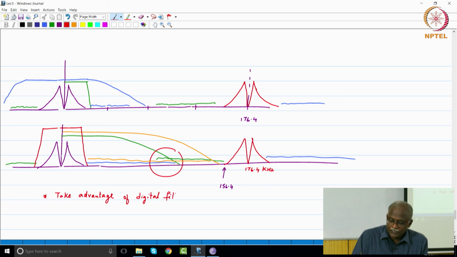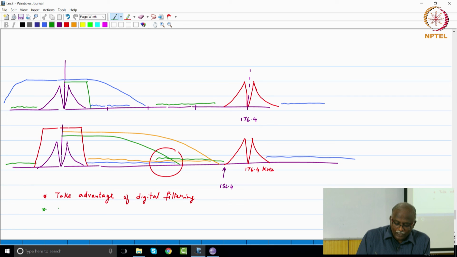So, this also means that when you say take advantage of digital filtering, reduce your requirements on analog filtering, but you have to be very careful that you do not compromise on the signal fidelity, the signal in the range of interest. So, you can deliberately violate. There are examples like in your music players where you may be violating the Nyquist criterion deliberately, but because you know the portion of the signal that is eventually going to be retained, you take advantage of that.